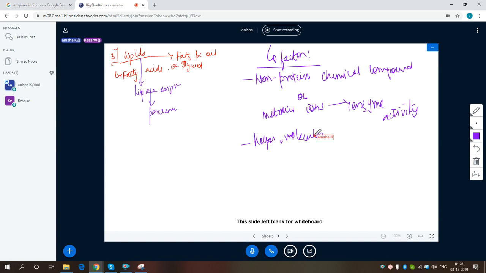Let me have a look at my book. No. For schooling level, few people have only the lock and key hypothesis.